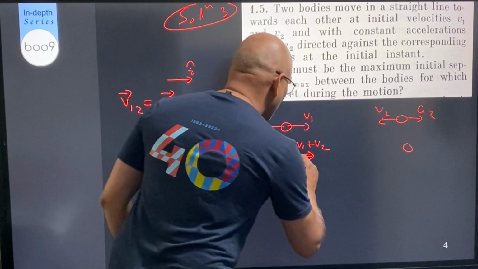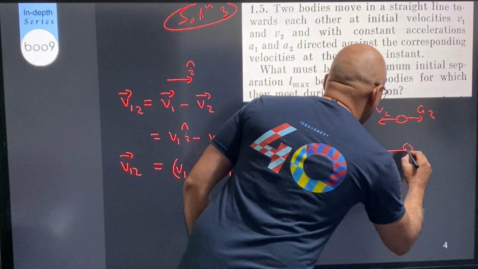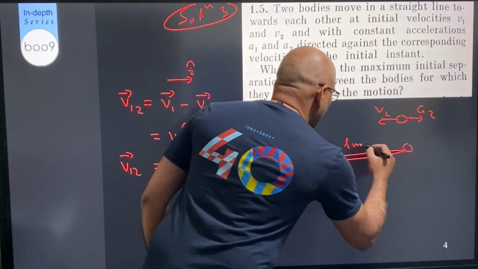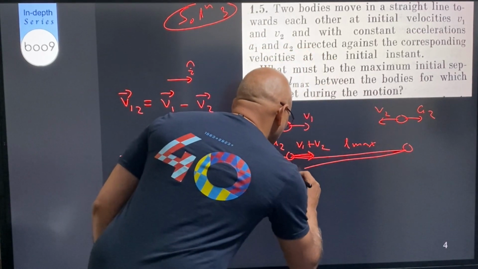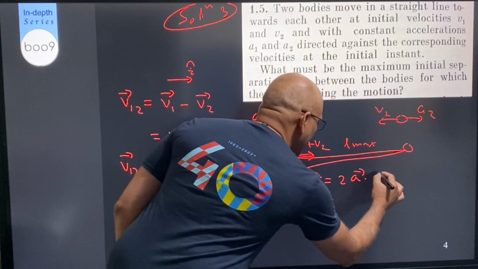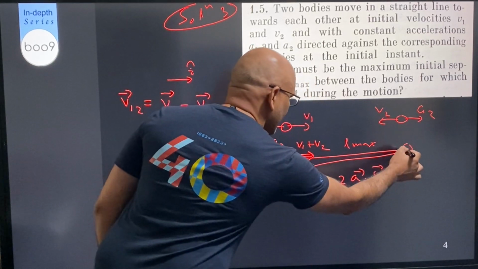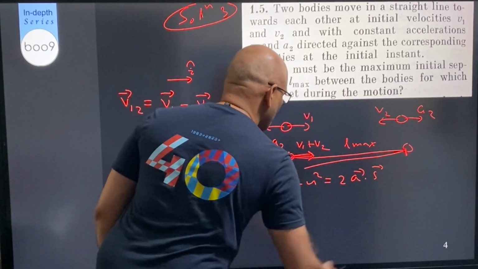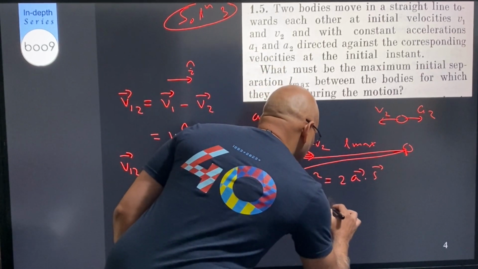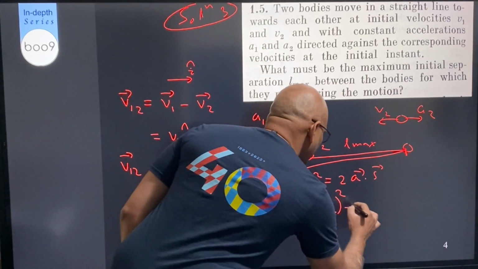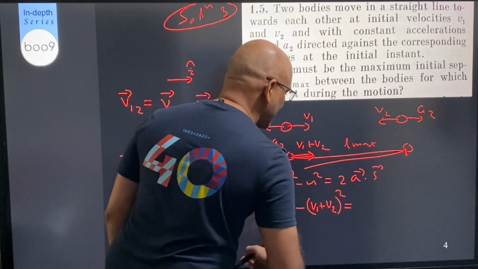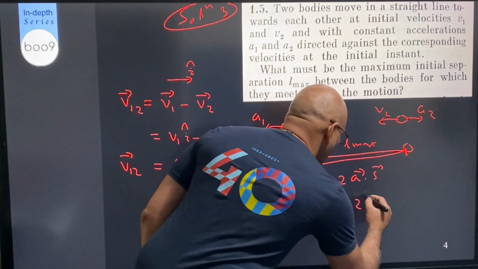Now it is straightforward. This is going to go like this, come to rest, and then come back on the same line, and this is going to be L max. So I'm going to use the same V square minus U square is equal to 2 A dot S. V is going to be 0 when it comes to rest. Minus U square is V1 plus V2 square. Your 2AS: A and S are directed opposite. So 2A is going to be A1 plus A2.